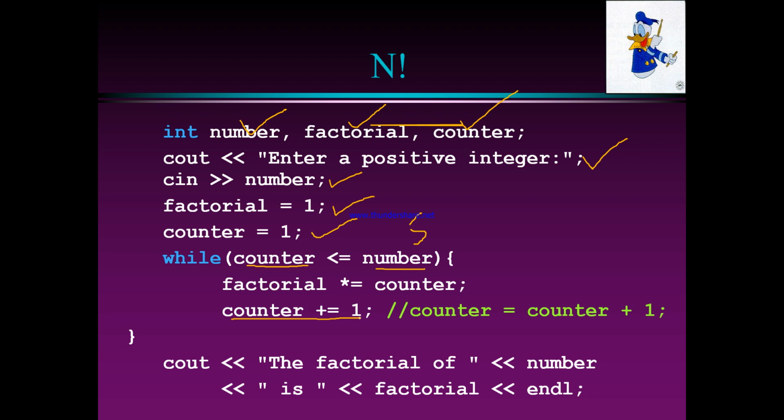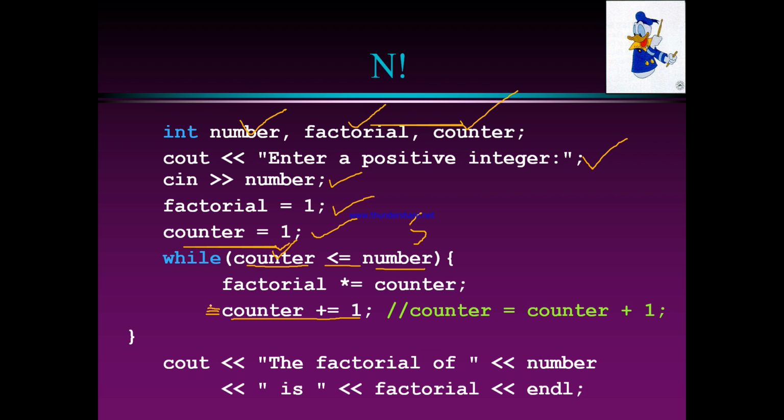Here you can see, in the first iteration the counter will be updated to 2. So is 2 less than or equal to 5? Yes. In the second iteration 2 will become 3. The counter will again be checked against the number, so 3 is less than 5? Yes, then the counter will be updated to 4. 4 is less than 5?